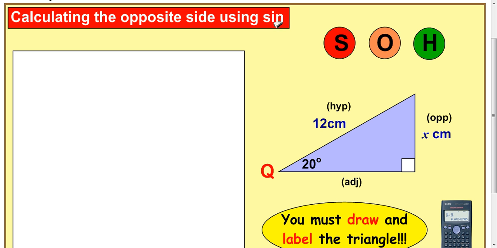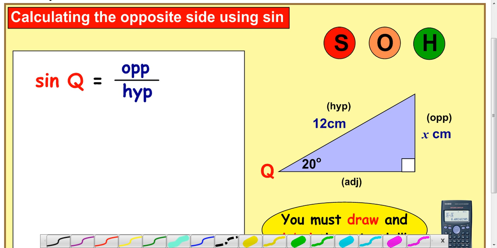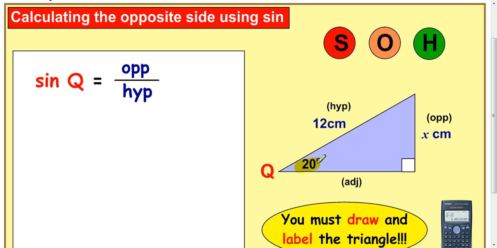So using the sine formula, sine of q is equal to opposite over hypotenuse. So we'll write that out. We can then, as before, fill in the information. So we've got 20 degrees here for Q. The opposite is the unknown, what we're trying to find, so we'll put that up here. And the hypotenuse is 12, which we will put down here. So if I substitute that in, I'll get sine 20 is x over 12.